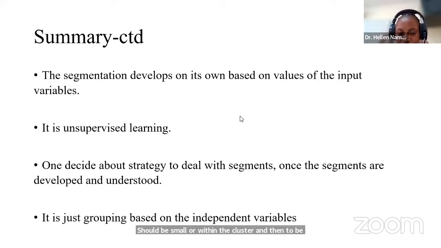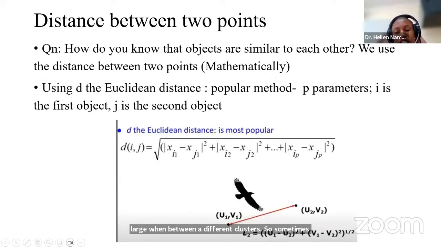So sometimes we want to ask a question like, okay, now that I've got these particular clusters, how do I know, for example, how do you know the objects are similar to each other?